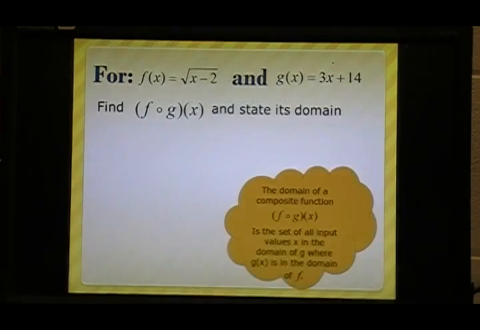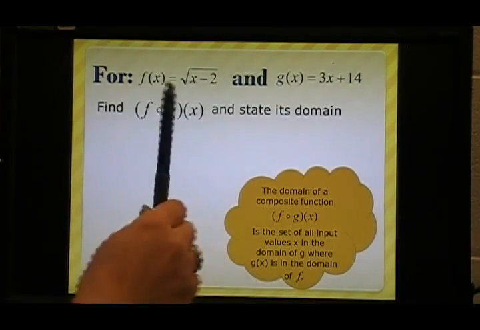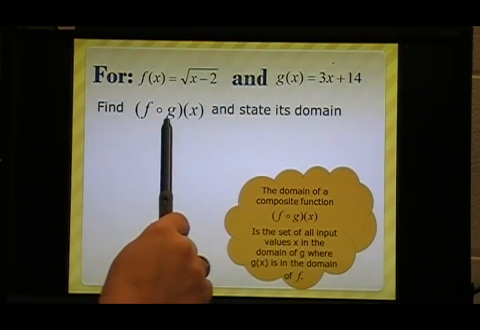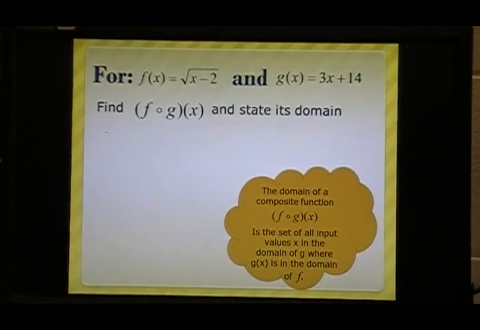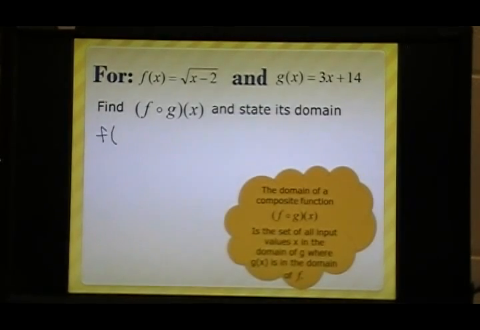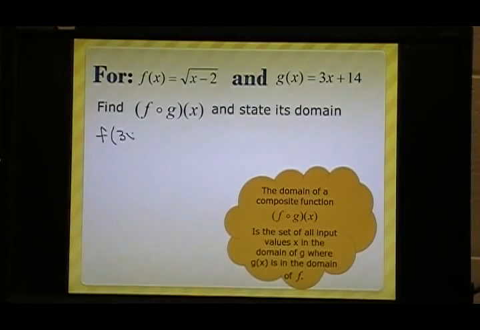Okay, let's look at another example. Find the composite function and state its domain. So the composite function, f of g, so we're doing f of 3x plus 14, so that is the square root, right?